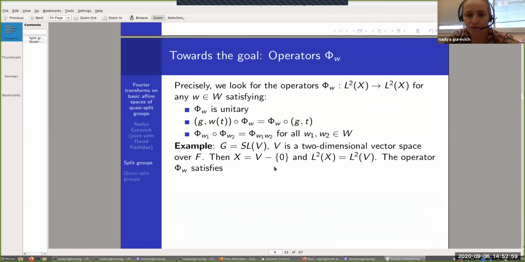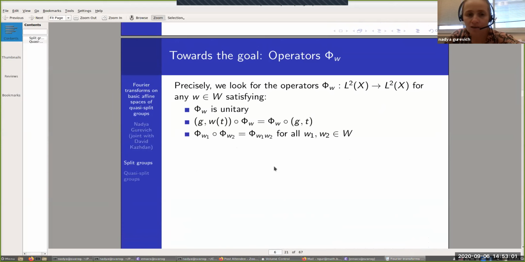Since we have phi W1 times phi W2 is phi W1 W2. When you reduce it, decompose that, each operator FW gives rise to the operator from pi of chi to pi of WK, and of course there is a functional equation.